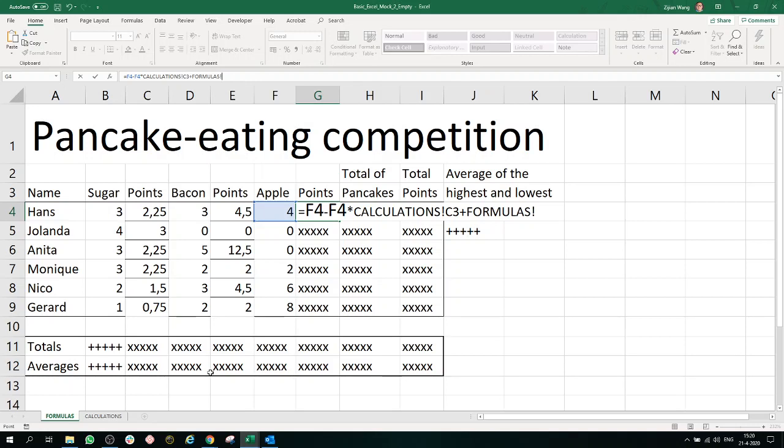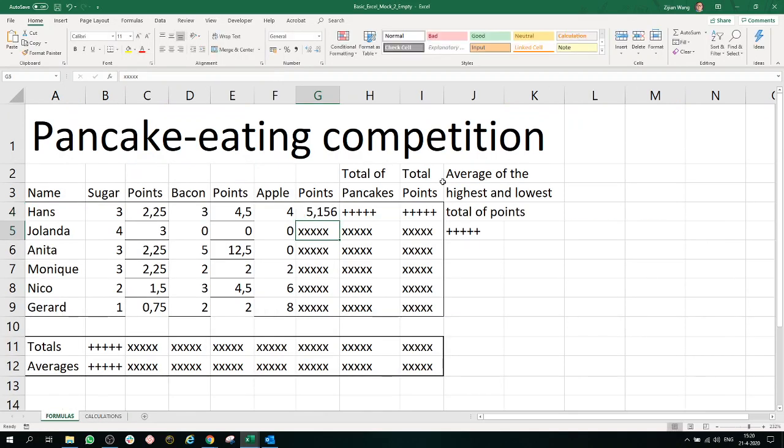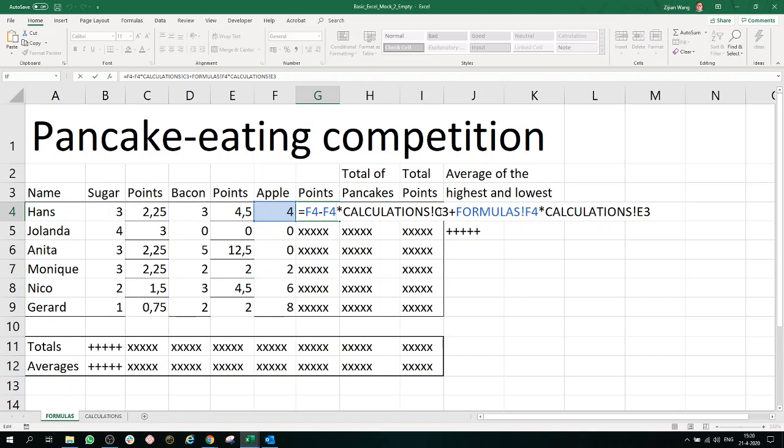3/10 of the number is added. So first let's add the number again and then find the 3/10. That's 0.3 here. Okay, press enter. We have the points, and again we need to fix some rows. C3 and then E3.